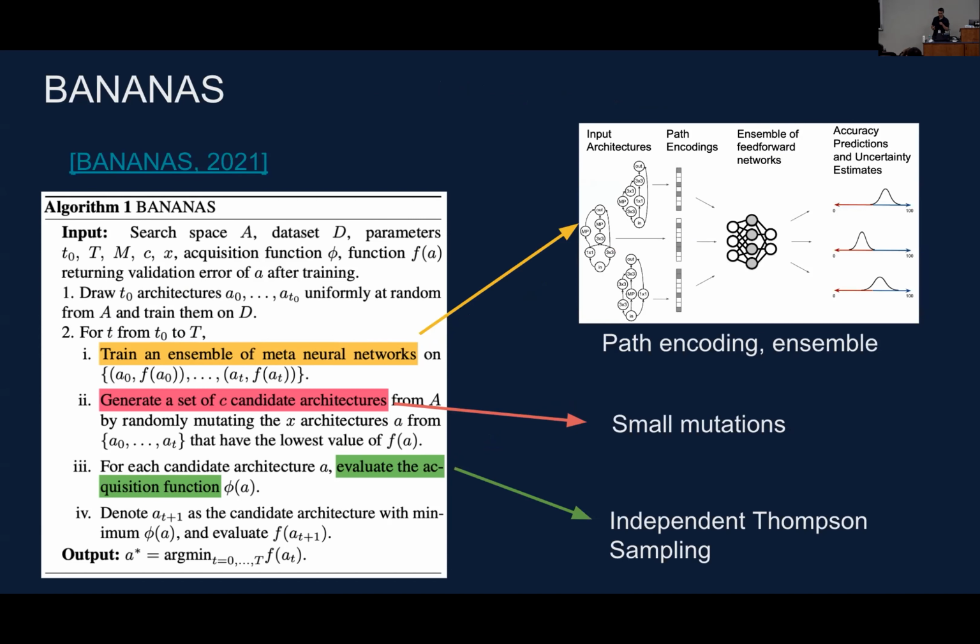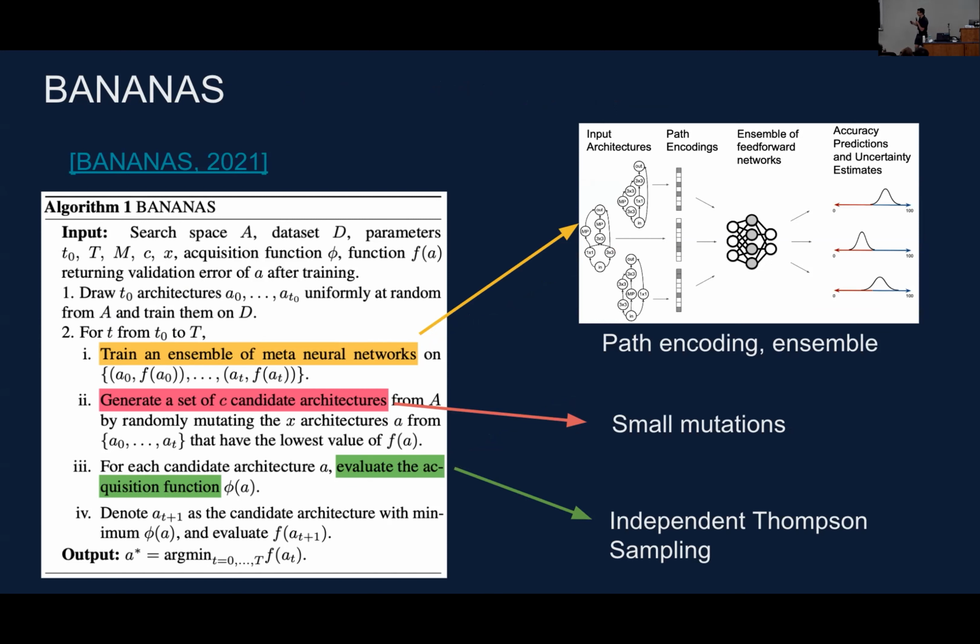Yeah, so we had a work last year that ran a large study on all of these different components that I just mentioned, and really found the highest performing components for each part of the algorithm.